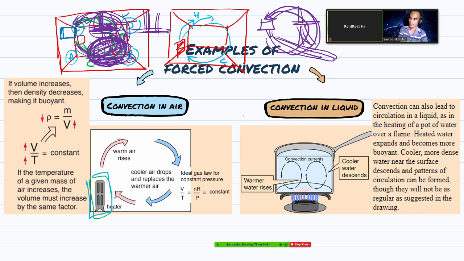But if the fan is near to the air conditioner and the room is very small, I think you cannot have one cycle going back into the air conditioner. The fan itself will be preventing the cycle of the air coming back to the air conditioner. Unless you have a very big room.